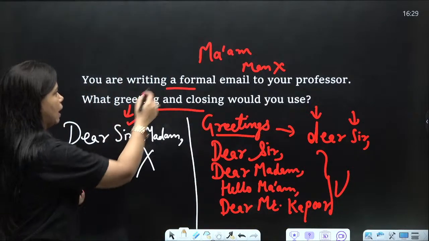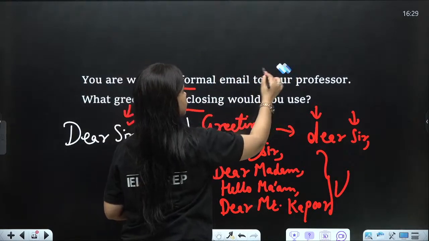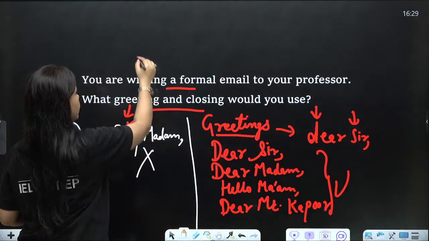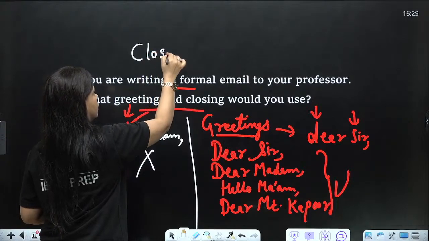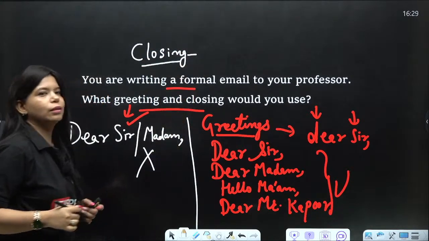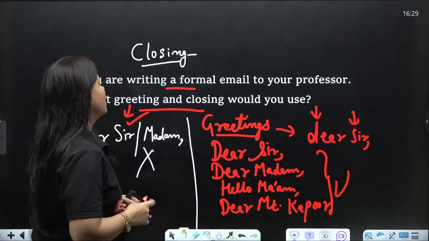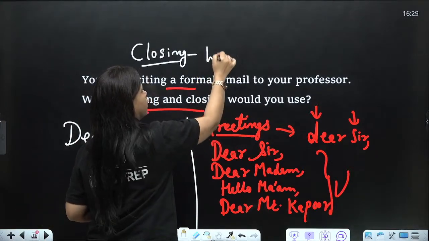Where do we write it? Here we write it. Let's write it at the top. Okay. By the way, you guys were going to suggest this in the comments, that what closing, but it's okay, I'm doing it for now. I personally always use warm regards.